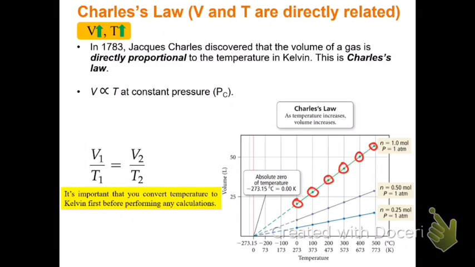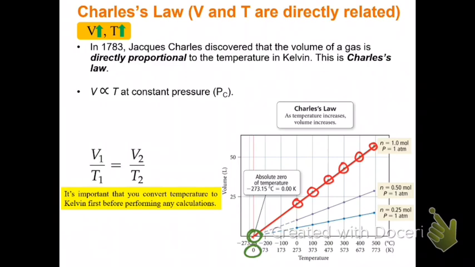Okay, and he was able to extrapolate this line all the way to the x-axis, and that's when he determined that this is the coldest temperature possible, which is absolute zero Kelvin.